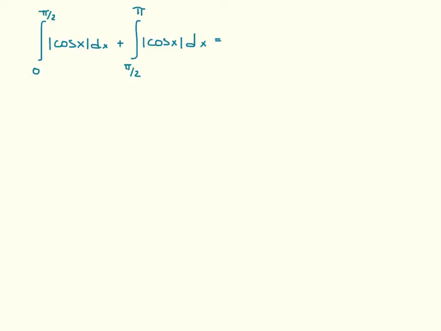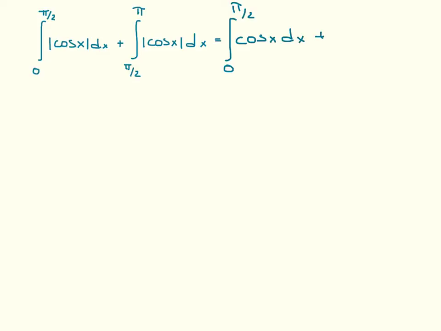Now that we have the integral split into the piece where cosine of x is positive and cosine of x is negative, we can rewrite the absolute value of cosine of x in both of these integrals according to our piecewise definition. So from 0 to pi over 2, the absolute value of cosine is the same thing as cosine of x because cosine's already positive. So we can just rewrite this as integral of cosine of x.